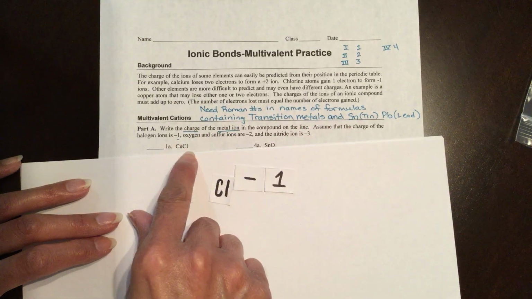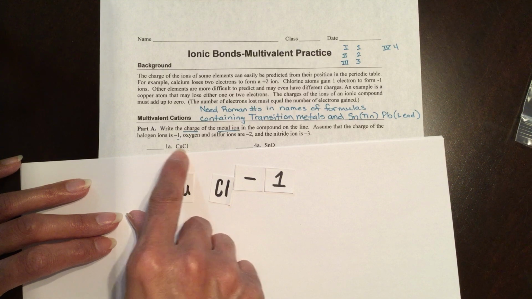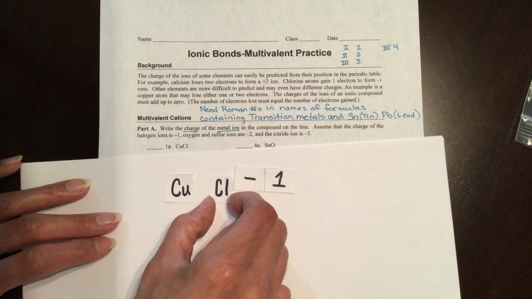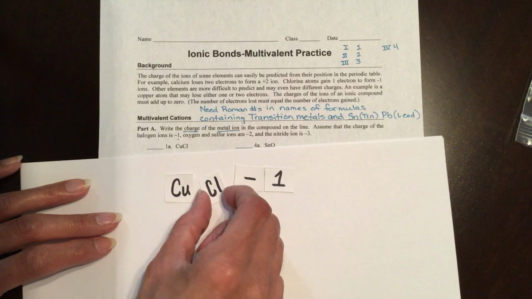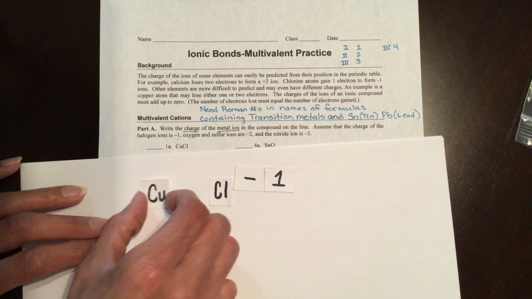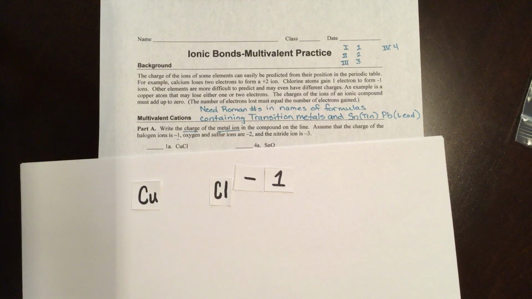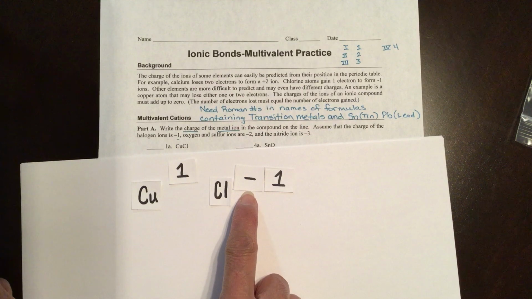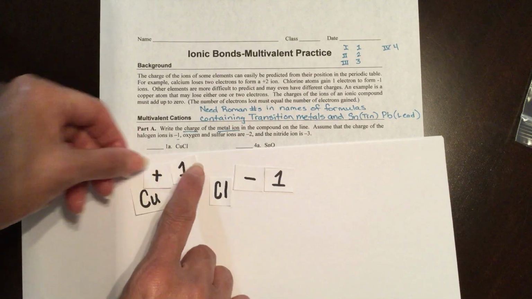Now, mind you, if there's no subscripts, you're always going to think this: same number, opposite charges. No subscripts, same number, opposite charges. I know for a fact that chlorine is a -1. So that must mean that my copper was the same number, opposite charge. So the same number is a 1, and the opposite charge of a negative sign is a plus sign.